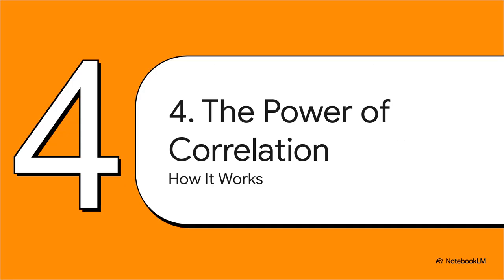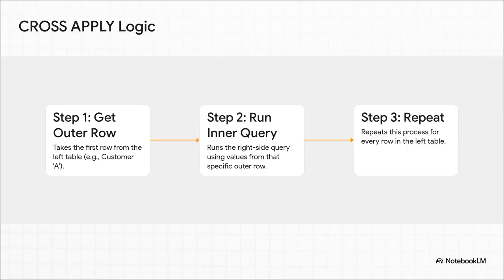Okay, so we've seen what it does, but let's really dig into the how. What is this magic power that apply has and join just doesn't? It all comes down to one powerful idea: correlation. The absolute easiest way to think about cross-apply is to picture a for-each loop from programming. It literally goes through the outer table row by agonizing row.